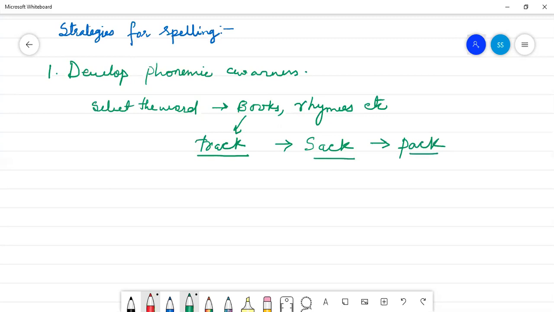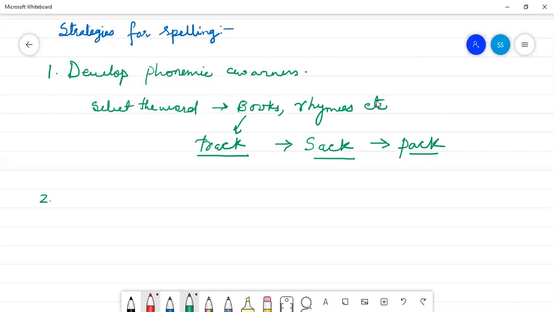There will be a lot of words like this in the phonic areas, where you can ask the children to discover such words from the newspaper, from the books, or from any kind of media. See, this will help the child to become a good reader and writer, because phonics is very important in spelling. So developing phonic awareness is very important in teaching spelling skills.